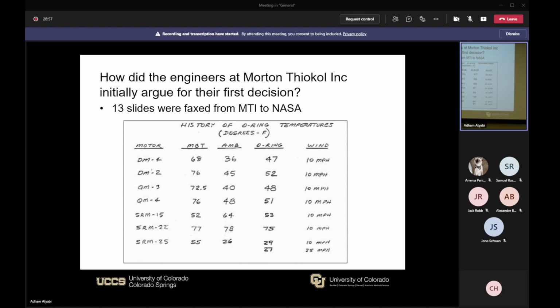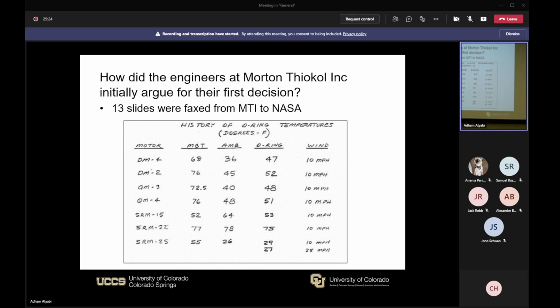The 53-degree launch probably barely survived with significant erosion of the primary and secondary O-rings on both rockets as well as the blow-by. Whereas the 75-degree launch had basically no erosion and only had the blow-by. So these charts define the database for the decision.